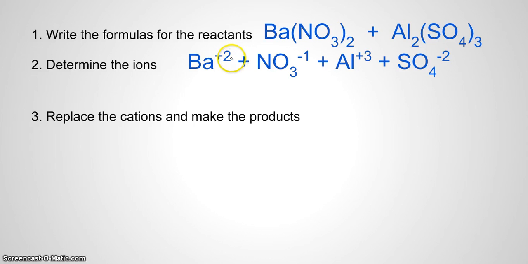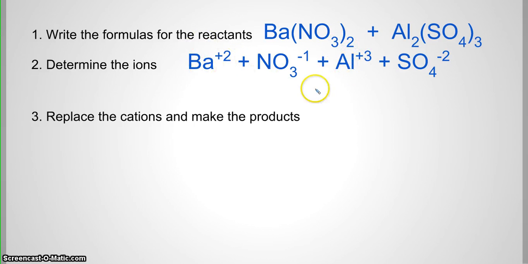Our cations are barium and aluminum, so they're going to switch with each other, which means the barium will now bond with the sulfate, and they have +2 and -2, so one product is BaSO4. And then the aluminum will bond with the nitrate. Now, cations always go first, so the aluminum is written first. We're going to need 3 nitrates, so Al(NO3)3. All right, those are our two products.